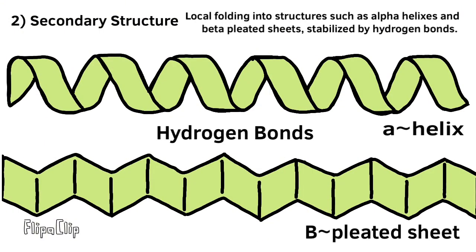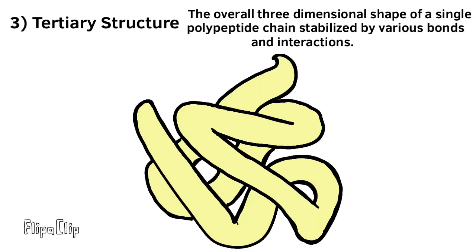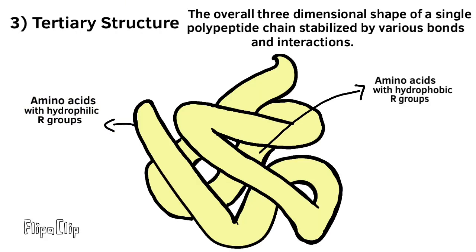Secondary structure. Local folding into structures such as alpha helices and beta pleated sheets, stabilized by hydrogen bonds. Secondary structures are the result of interactions between the backbone of the polypeptide chain. Tertiary structure. The overall three-dimensional shape of a single polypeptide chain stabilized by various bonds and interactions.